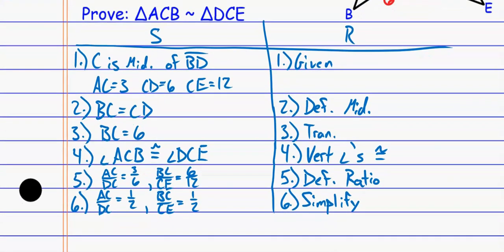But now as I look at these ratios, because this guy equals a 1/2 and this guy also equals a 1/2, I can now say that AC over DC equals BC over CE. Okay, and really that's just my transitive property again.